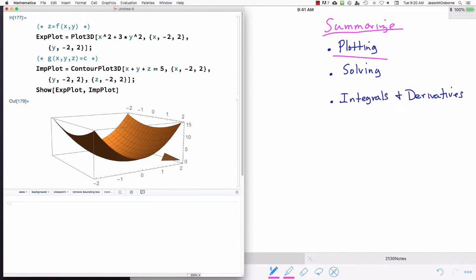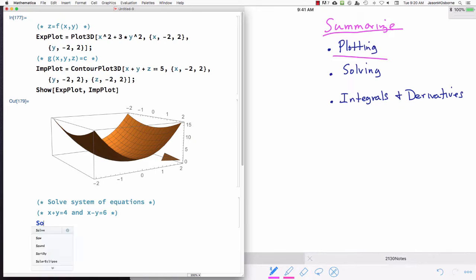It may also be necessary for you to solve a system of equations. You can do all these problems by hand, but if, for example, you want to solve the system x plus y equal to 4 and at the same time x minus y equal to 6, you could just say Solve x plus y equal to 4 and x minus y equal to 6, put these in curly brackets, and ask to solve for x and y.